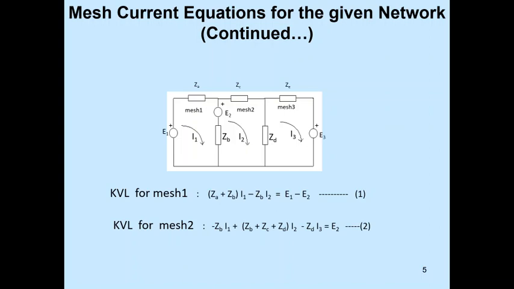The voltage across ZD is (I2 minus I3) into ZD. By adding these, (I2 minus I1) into ZB plus (I2 minus I3) into ZD plus I2 into ZC plus E2 is equal to 0. Arranging this, we get minus ZB into I1 plus (ZB plus ZC plus ZD) into I2 minus ZD into I3 is equal to minus E2.